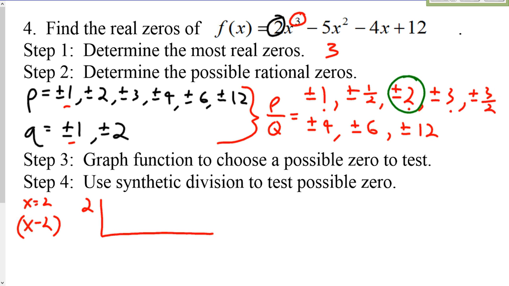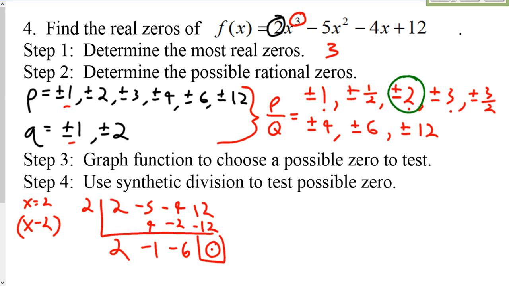And my coefficients, I have 2, -5, -4, and 12. 2 goes into here, drops it down. I get 4, -1, and I get -2, -6, -12, and sure enough, I get my remainder of 0, and so that is a factor.